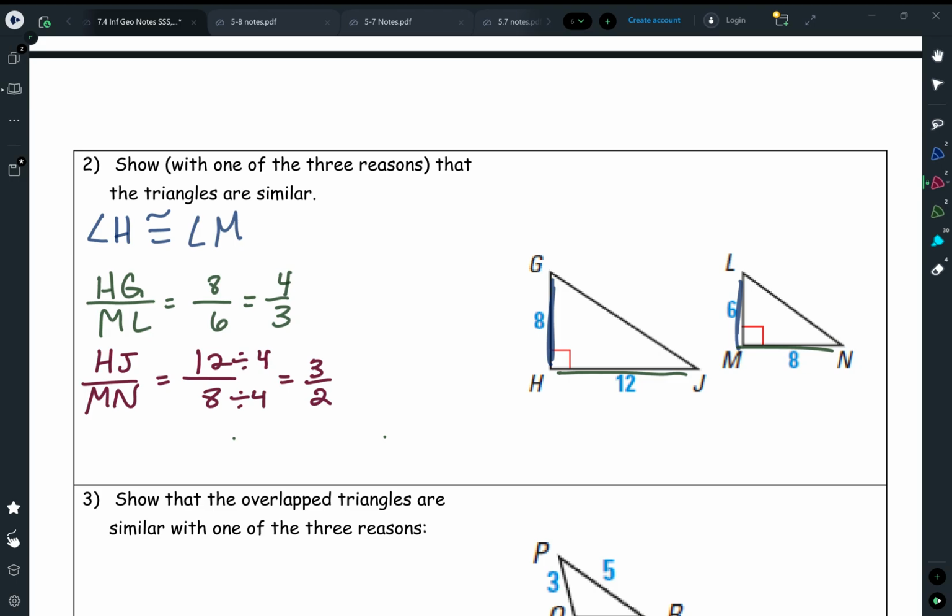So I really wanted them to be the same, but this one just does not look similar. I'm going back over my math again just to make sure I didn't mess it up. But 8/6, I divided both of those by 2. I did that one correctly. 12/8, divided both of them by 4. So they are not similar. My sides do not have the same ratio.